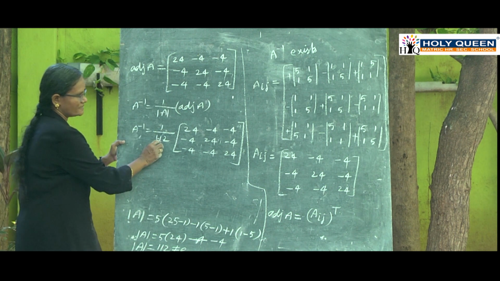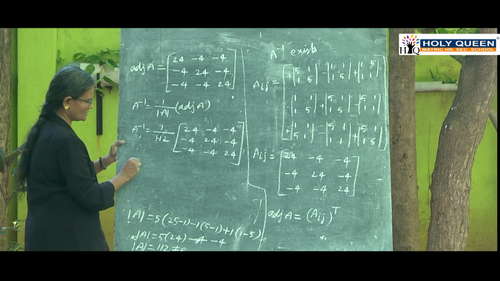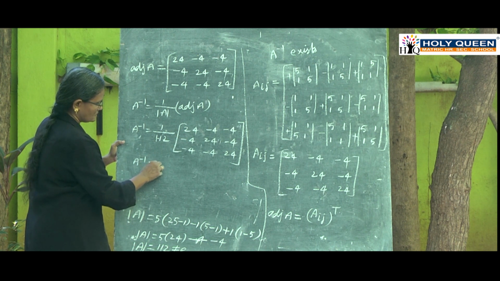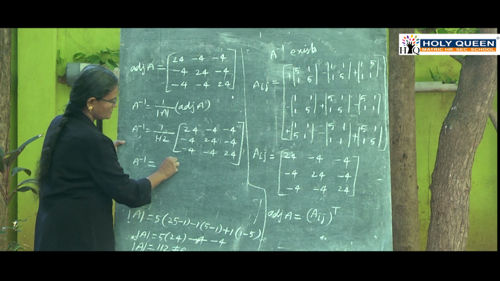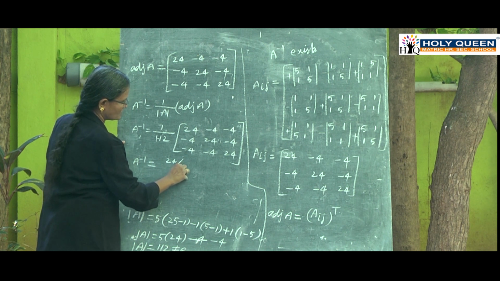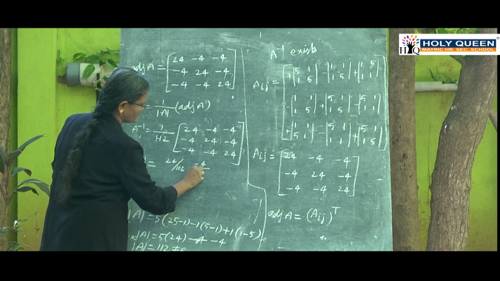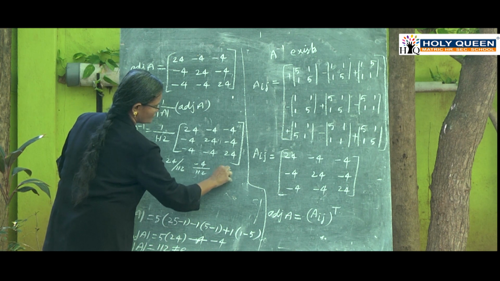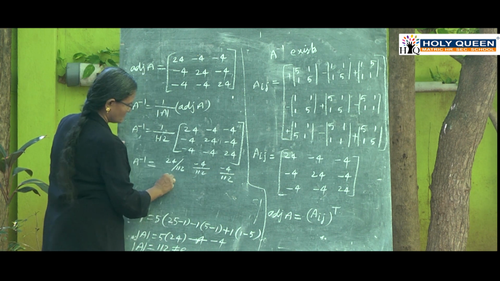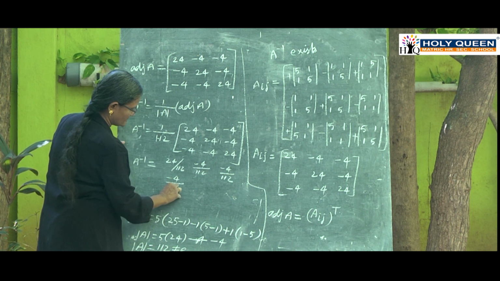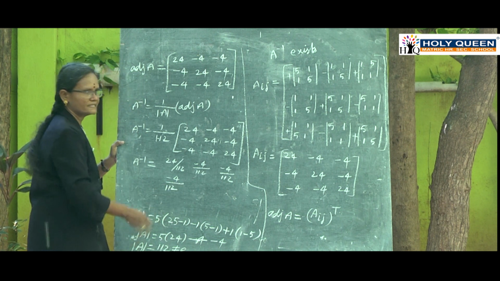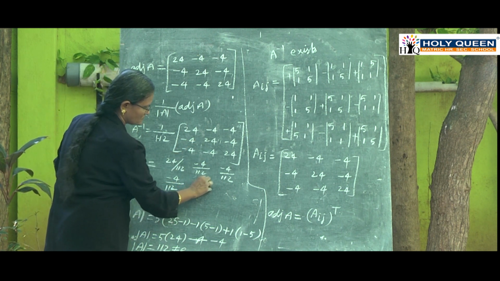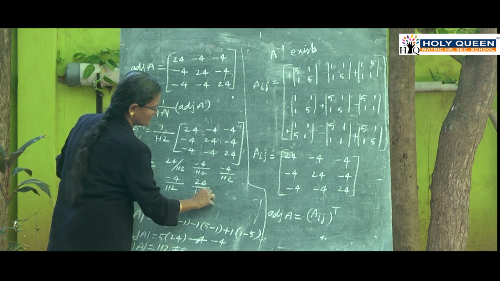Now we divide by 112: 24 divided by 112, minus 4 divided by 112, minus 4 divided by 112, minus 4 divided by 112. Here 24 divided by 112.